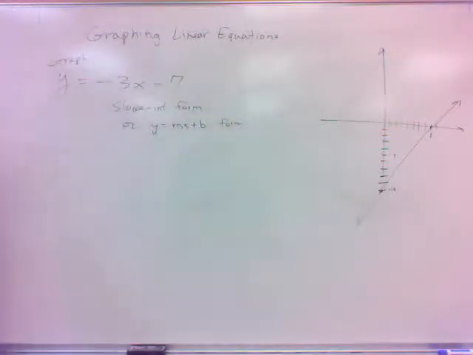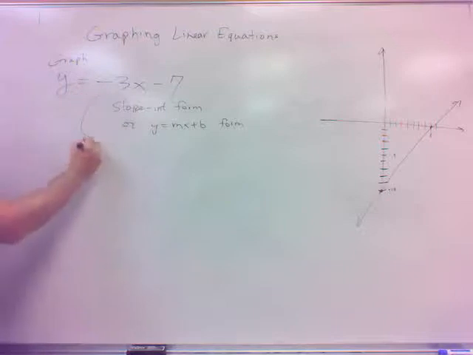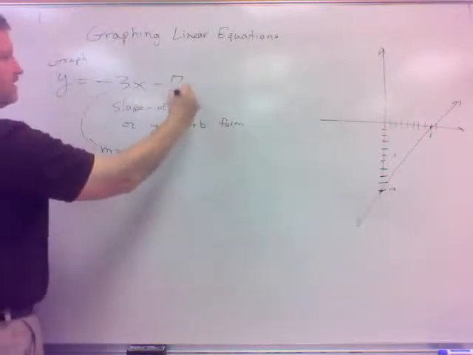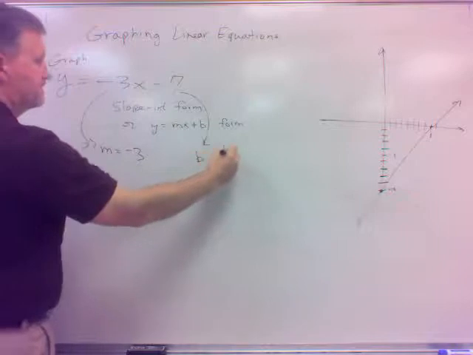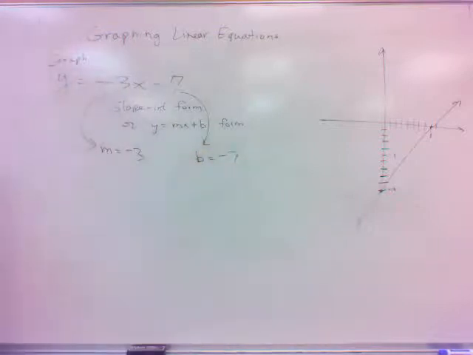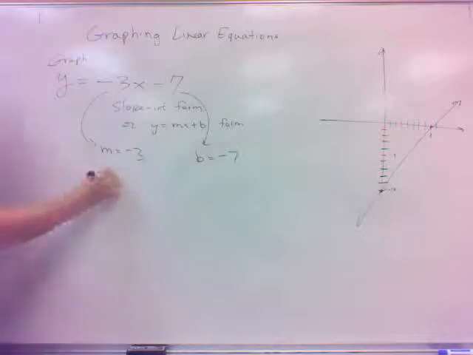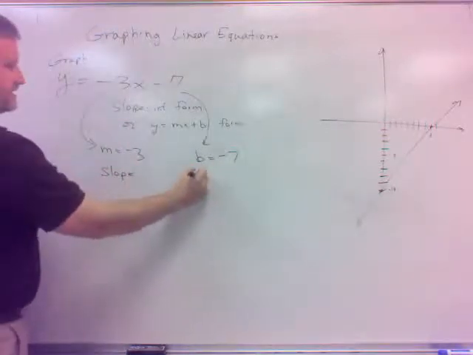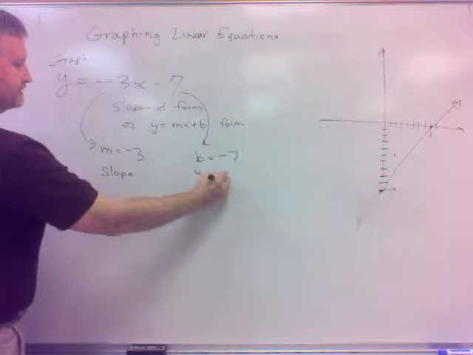It's got the y equals format there. Recognizing that, we've got m is -3, and b is -7. What does that tell me? Two things. The m is the slope, and the b is the y-intercept.